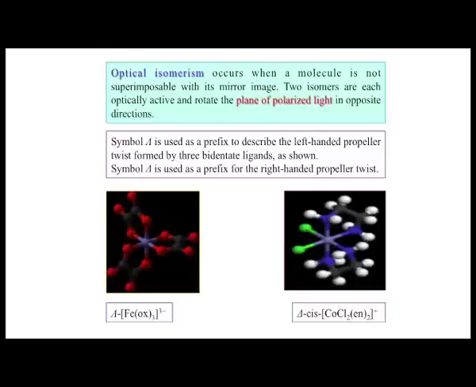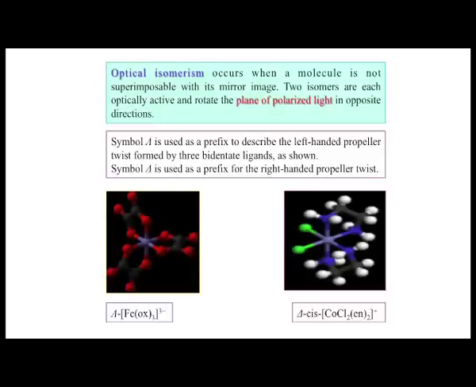One is related directly to the left handed propeller arrangement if we simply consider 3 bidentate ligands. We will just see how we can place the 3 bidentate ligands in a 3-dimensional arrangement in an octahedral center.